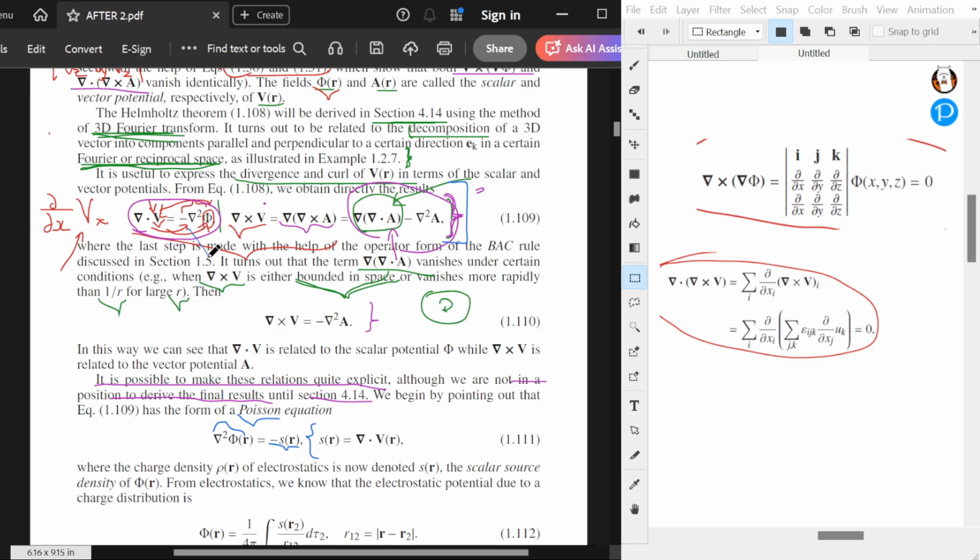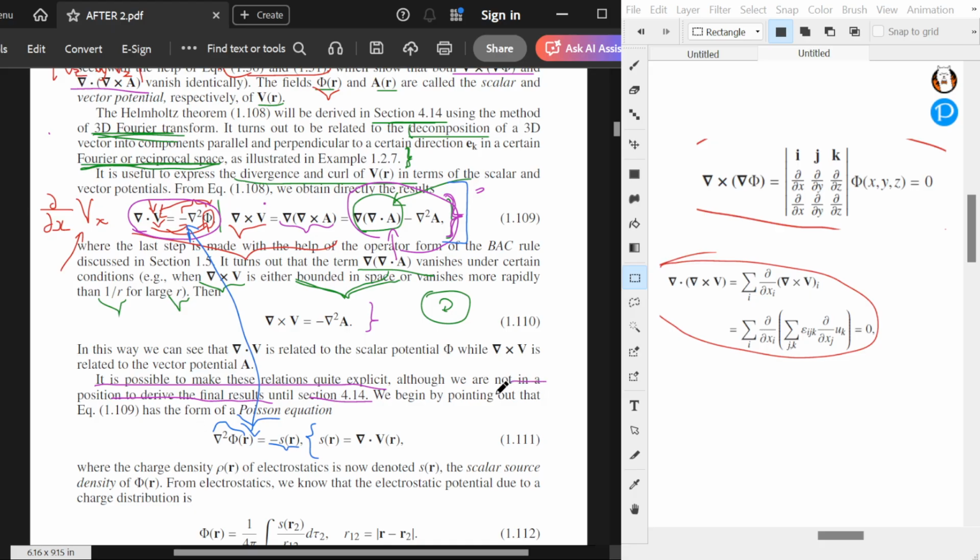Well, this is a nothing burger because this is just this. We just carry the negative across. What is the point? Where the charge density of electrostatics is now denoted S of R. Charge density, like Poisson, has the form of a Poisson equation. I'll say Poisson because maybe mathematicians are French.